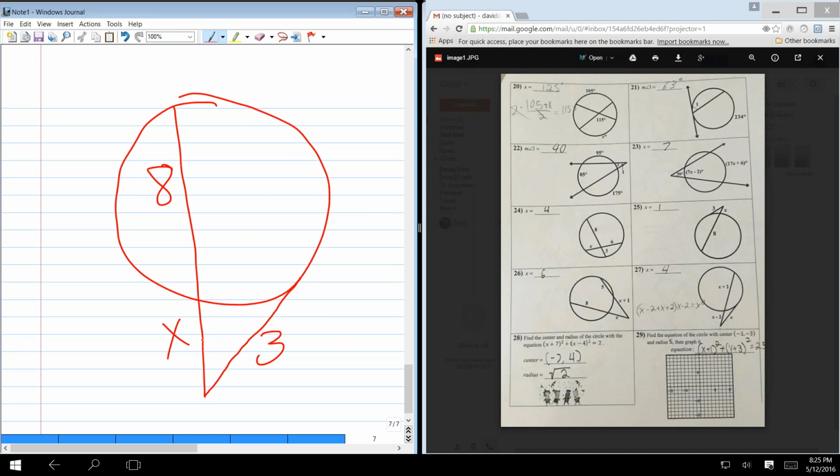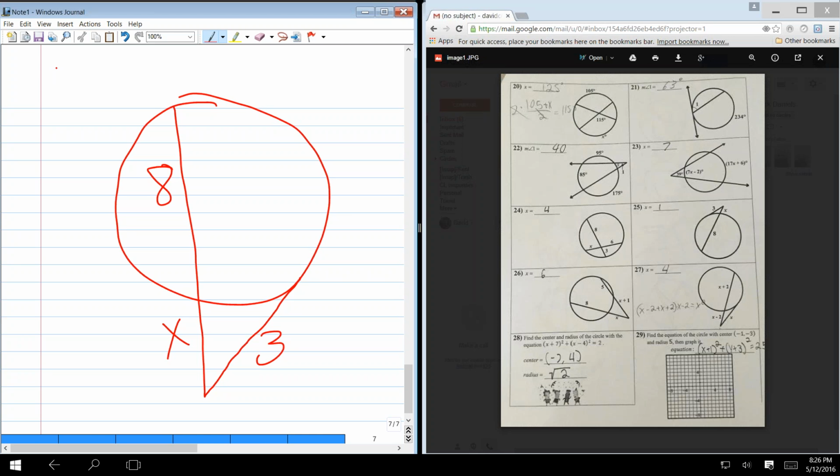The part outside the circle times the whole line equals the part outside the circle times the whole line. It doesn't seem like it's the same, and your book actually attributes it to a different theorem, but you can always remember it by using the exact same rules that you would use on number 26.